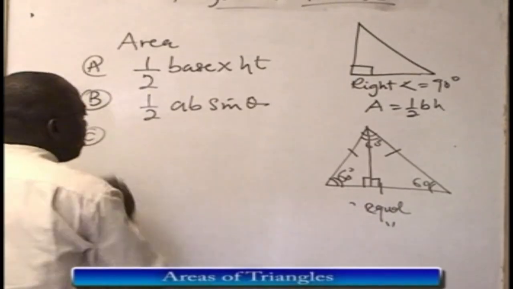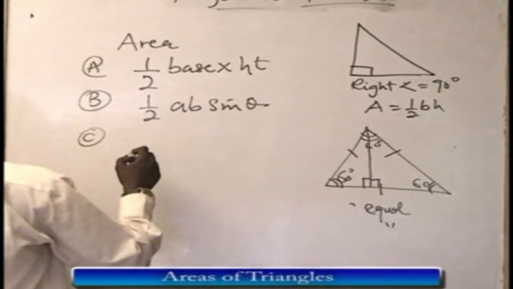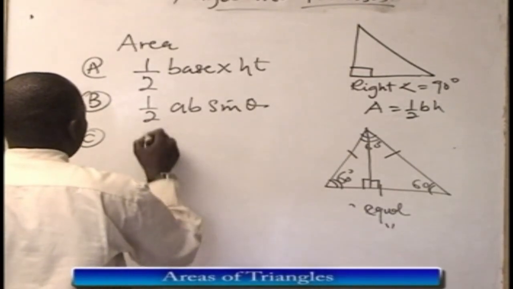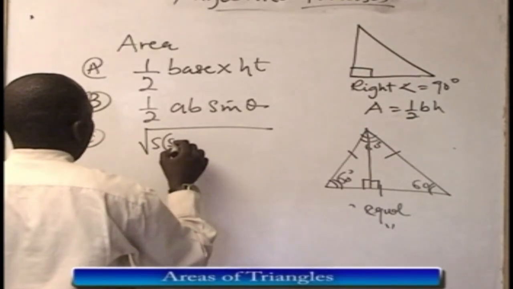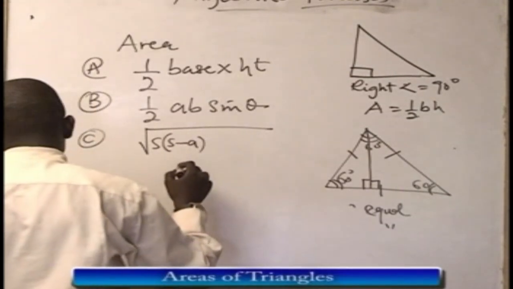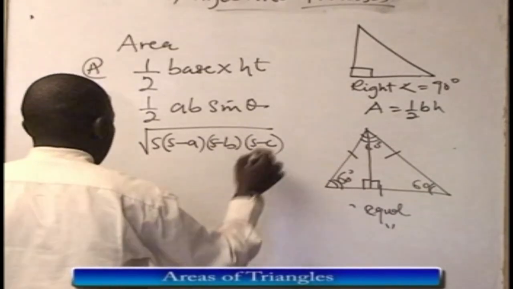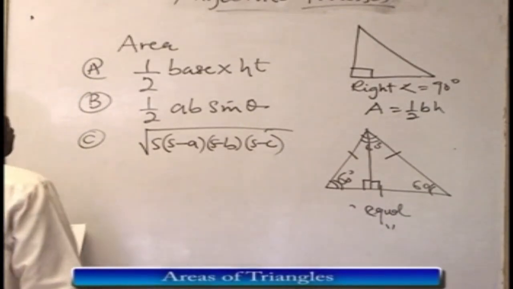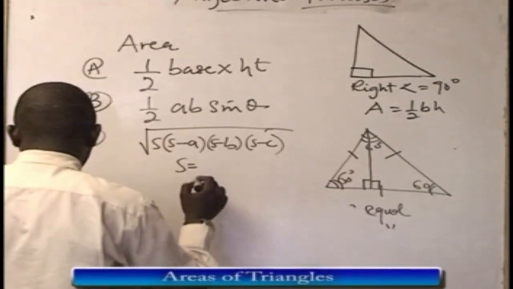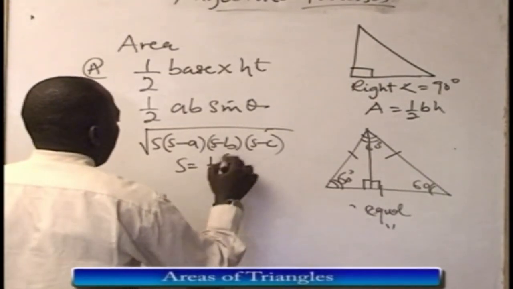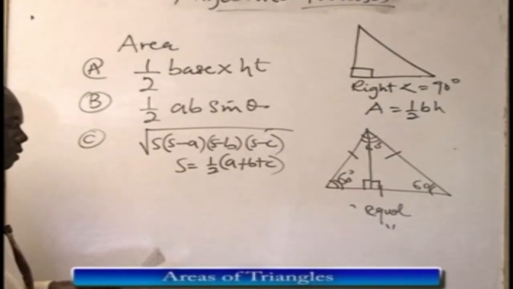And then lastly, what we call the Heron's formula, where s is equal to half of a plus b plus c.